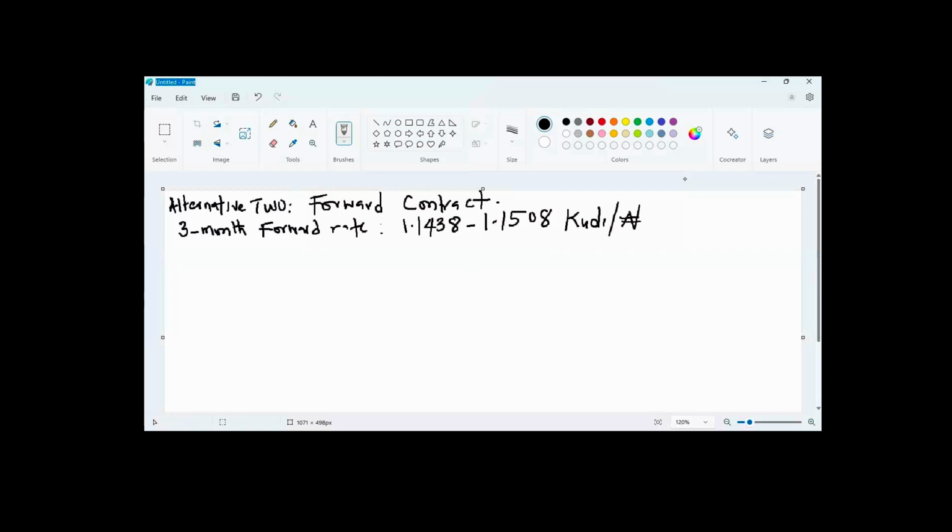Examiner will always give you 2 rates. One is low, one is high. First, determine the type of quote you are given. This is an indirect quote.